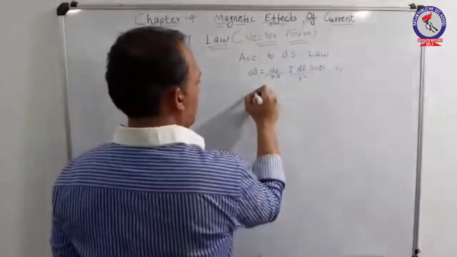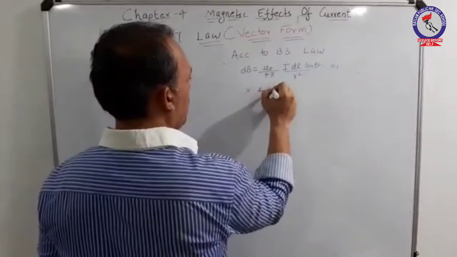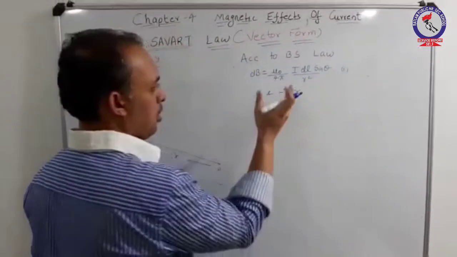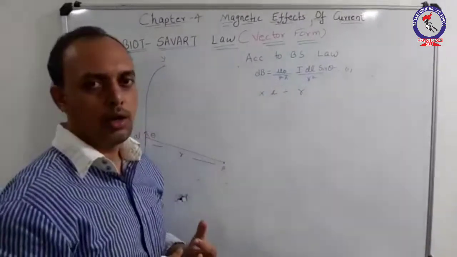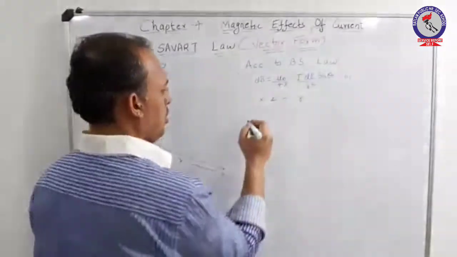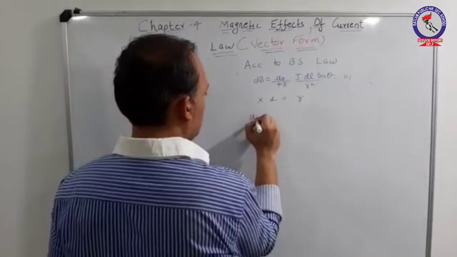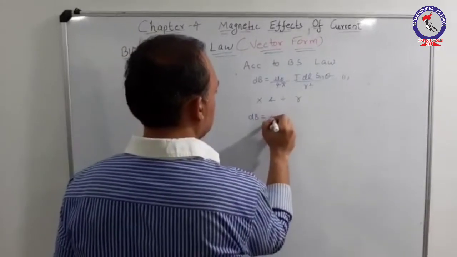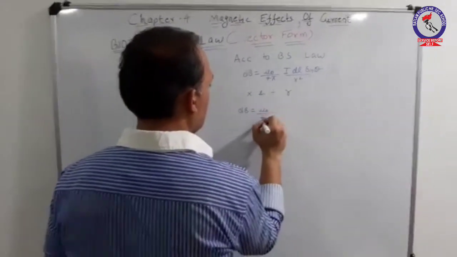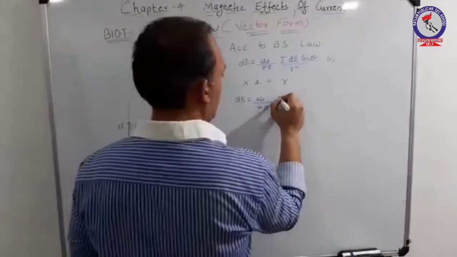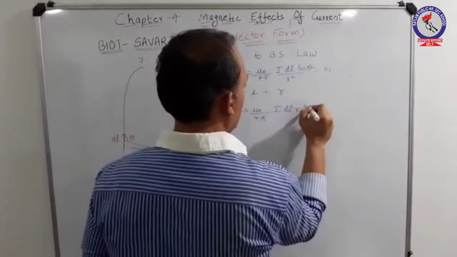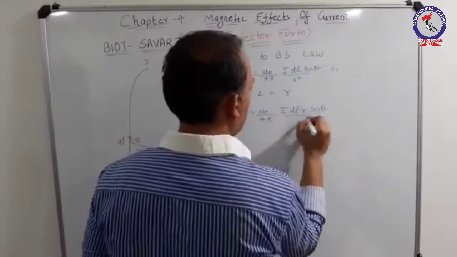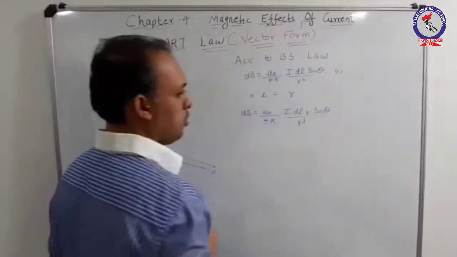Now, multiplying and dividing by r, we are simply doing a substitution: we are multiplying by r and we are also dividing by r. What do we get? dB equals mu naught upon 4 pi, I dl r sin theta by r cube.